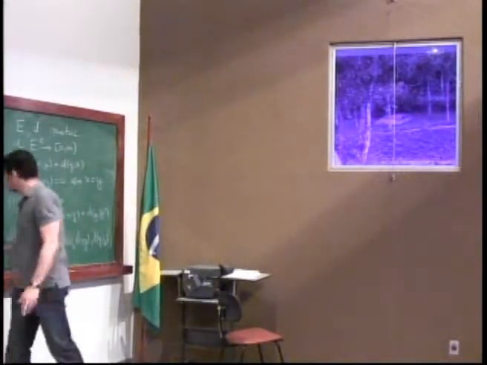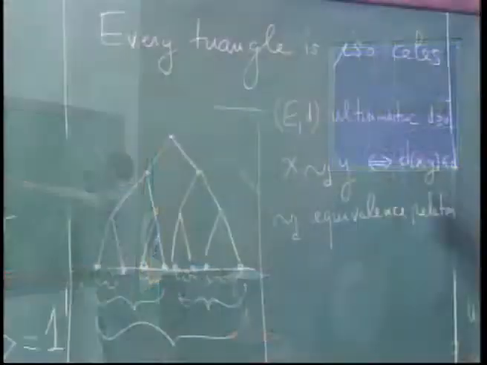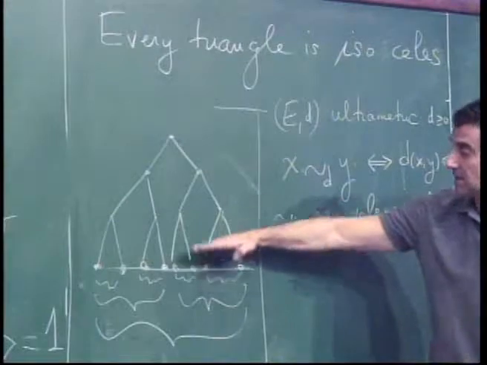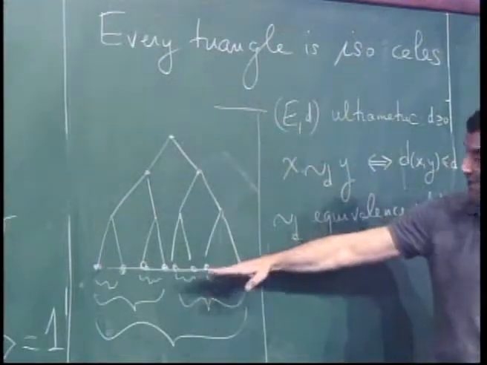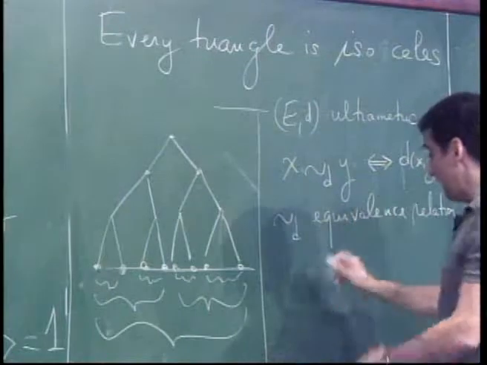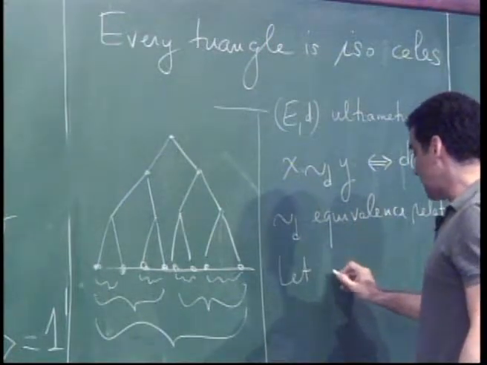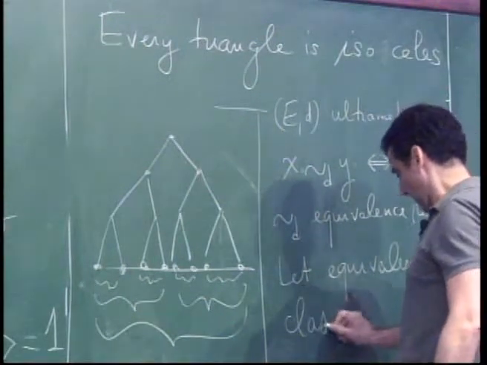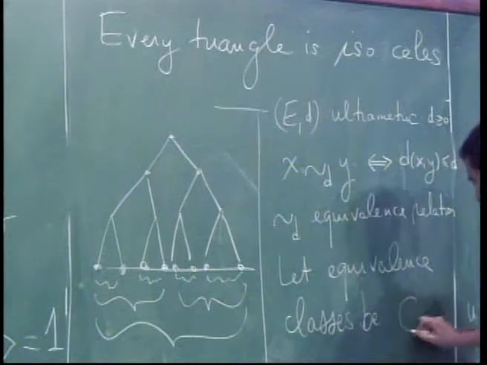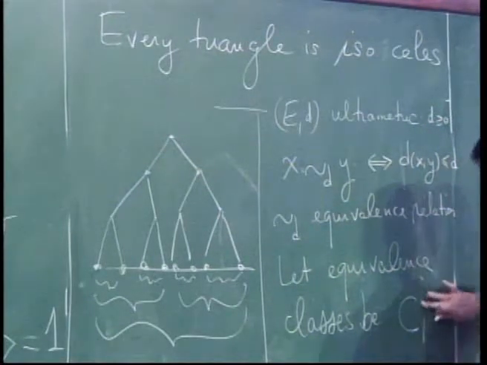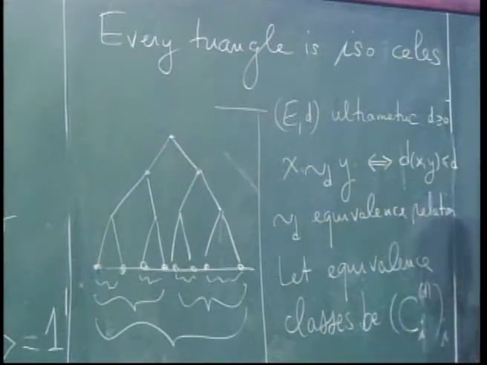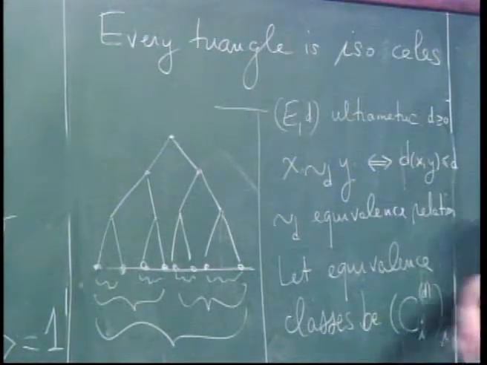Once you have the equivalence relation, the important thing is that you don't have just one, you have a whole family depending on d. Here d is the level of generations, because the distance measures the level of generations. So introduce the equivalence classes, which I call C_i. For fixed d, these are the clusters.